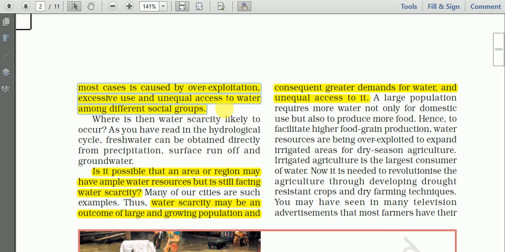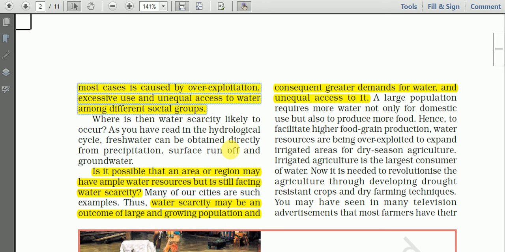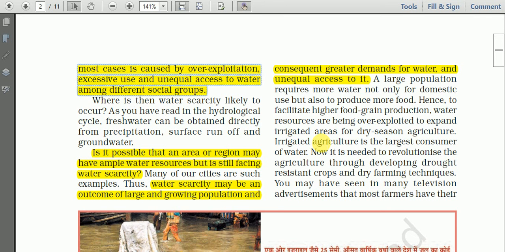Remember this example: low caste people are not allowed to go to pond to fetch water. That means that particular section of people has the scarcity of water. That is what we call unequal access to water. Then another important cause is this large growing population that we mentioned earlier.